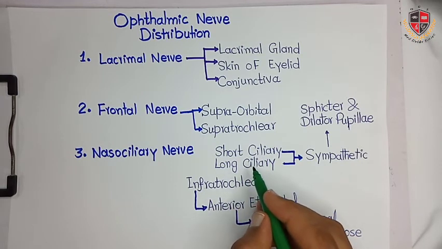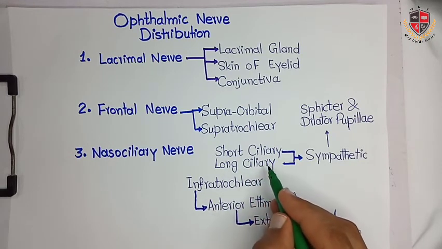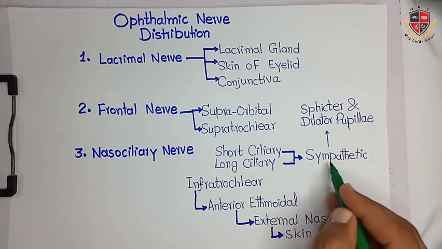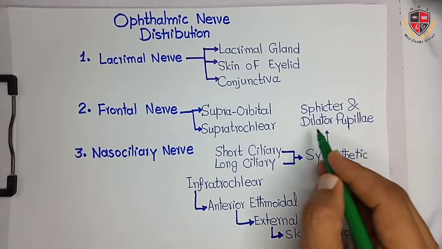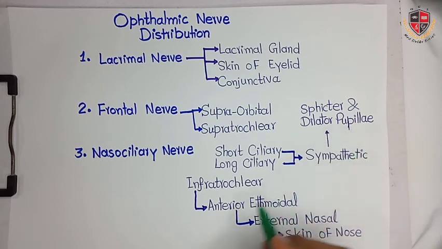These are sympathetic branches passing through the ciliary ganglion, and these sympathetic branches are for the sphincter and dilator pupillae muscle. The nasociliary nerve also gives a branch which is the infratrochlear nerve. The infratrochlear nerve gives the anterior ethmoidal nerve, which gives further the external nasal nerve. The external nasal nerve gives cutaneous branches for the skin of the nose.